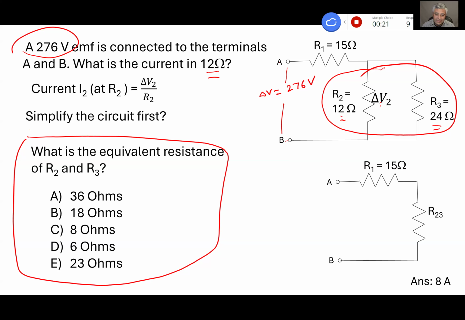So basically, it is the same problem with just different numbers. Same problem as what we did before.